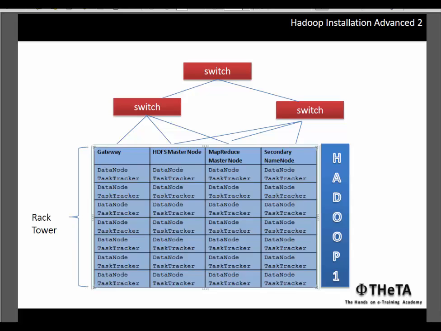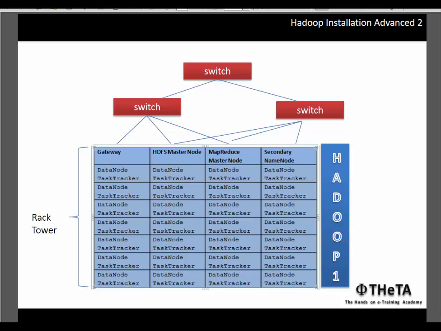So HDFS master node, which runs the name node, and MapReduce master node, which runs the job tracker, and secondary name node, which runs the secondary name node daemon. So typically it used to exist like this, and each of the nodes are connected with switches, right? And there are access through switches, and the interconnection between the masters and slaves will also be switches, right?